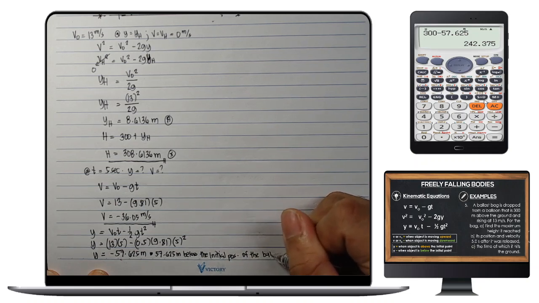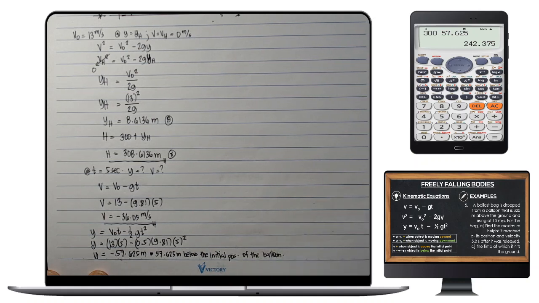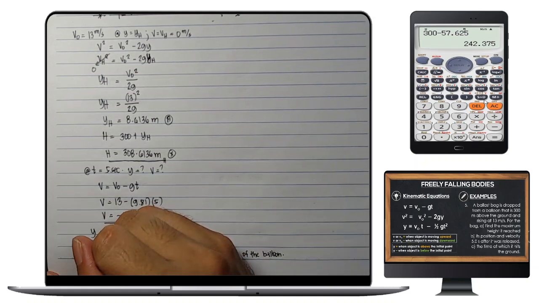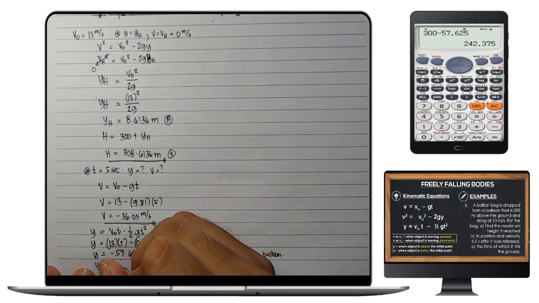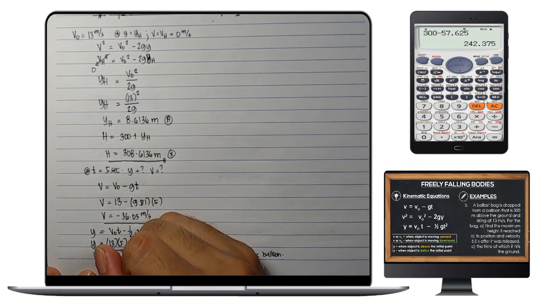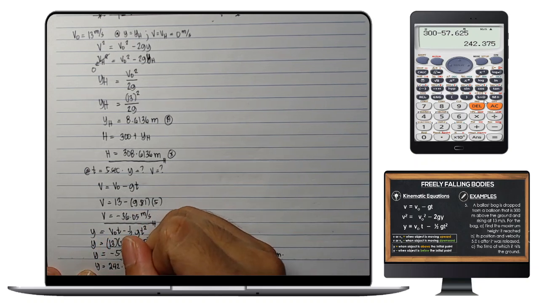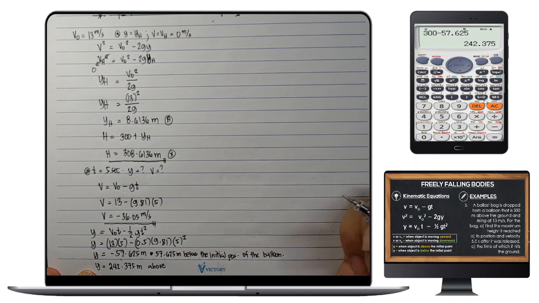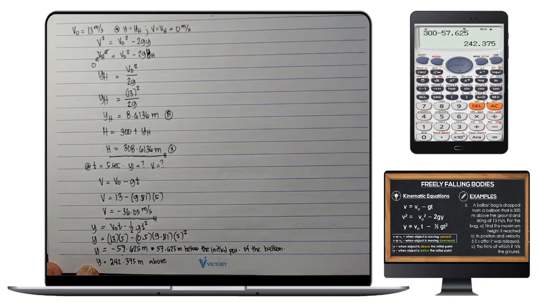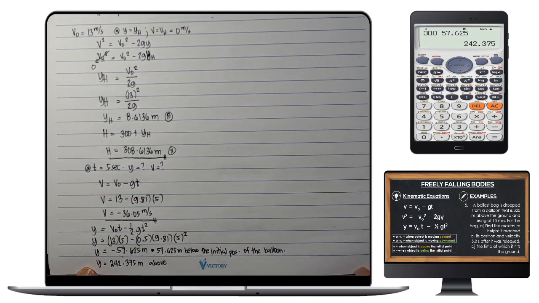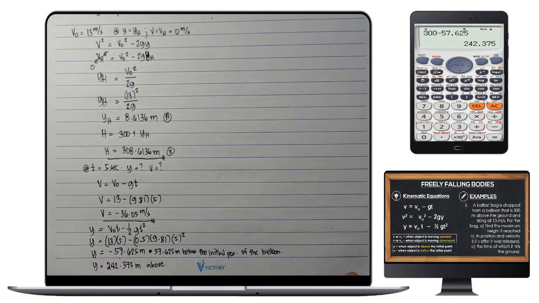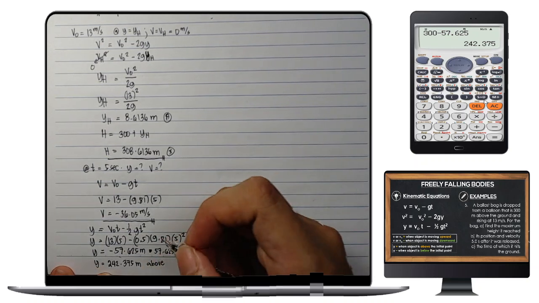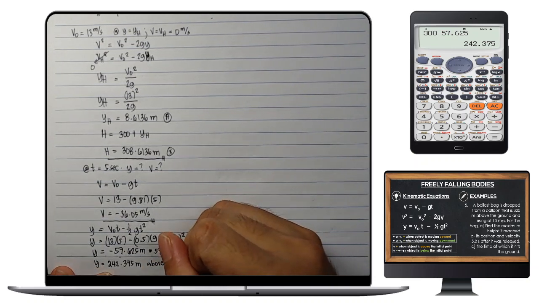So, nasa ilalim siya nung initial position of the balloon. Or, you can say that yung location ng ball is 242.375 meters. So, para mas concrete yung ating representation, ibig sabihin hindi siya nagbabago. So, gamitin natin yung ground as our reference. So, that is 242.375 meters above the ground.